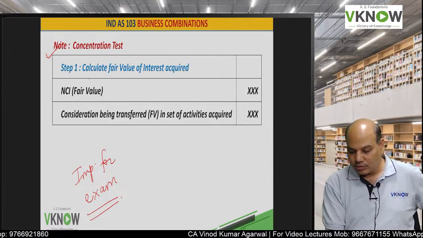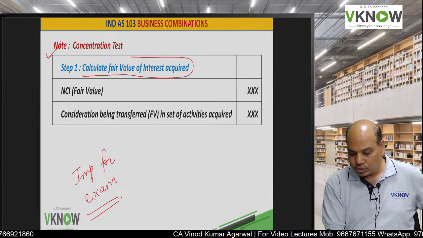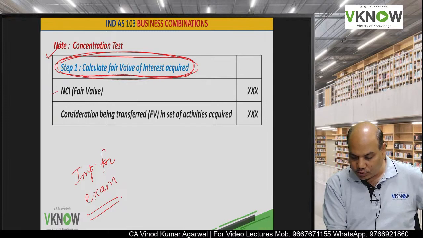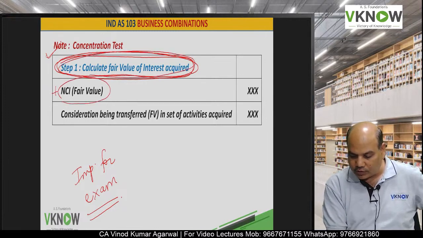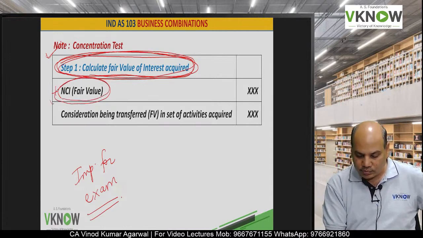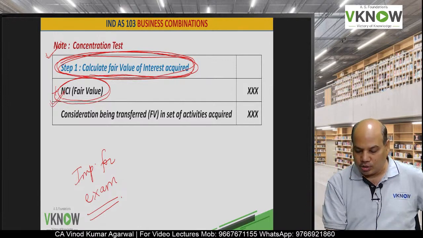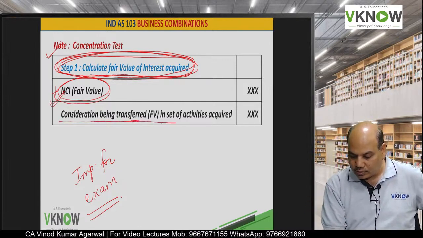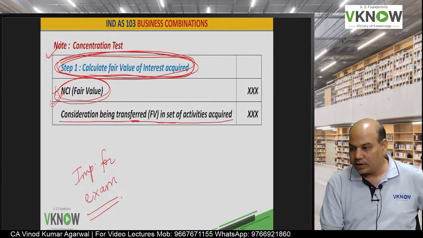So first you calculate the fair value of the interest acquired. The fair value of the interest acquired is equal to the non-controlling interest, NCI, plus the consideration transferred in the set of activities acquired.